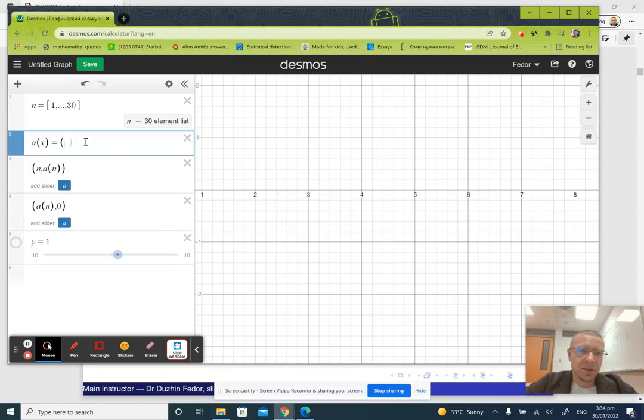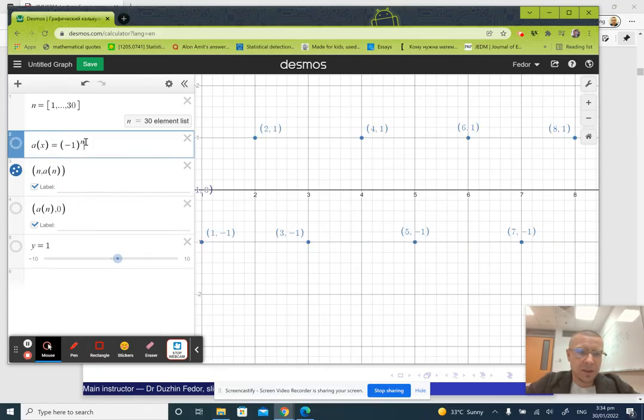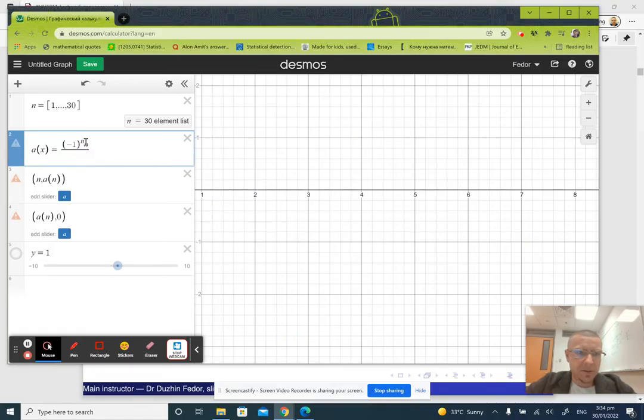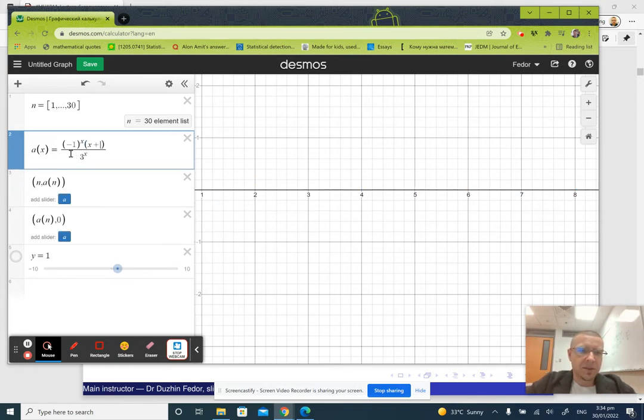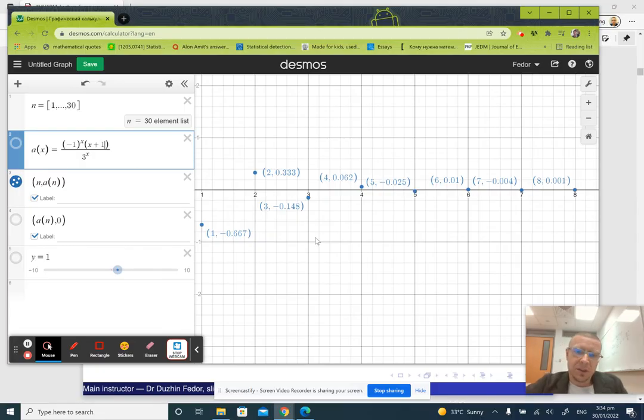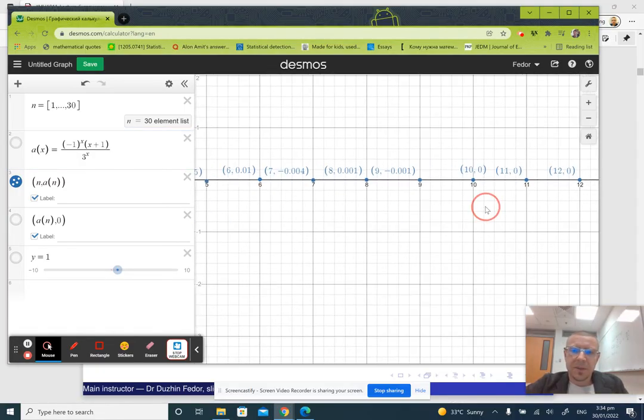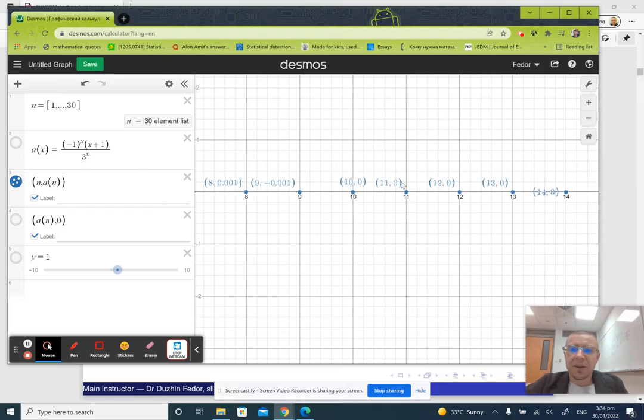So this is (-1)^n times n divided by 3^n. Okay, sorry, it should be x here, divided by 3 to the x, and I guess it should really be x plus 1. And this is what it looks like. Notice that the sequence essentially becomes 0 after a certain term.